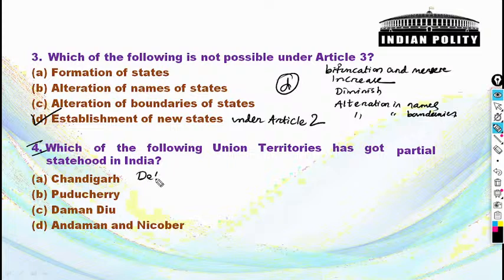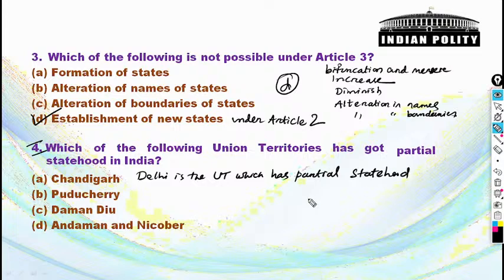Delhi is the union territory which has got partial statehood status, please take it in note. So none of the other options is correct. By the 69th Constitutional Amendment Act 1991, Delhi was renamed as NCT of Delhi.